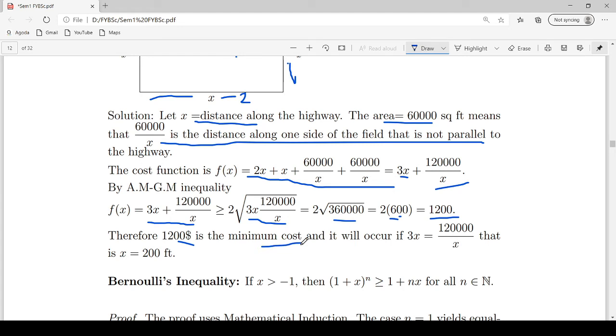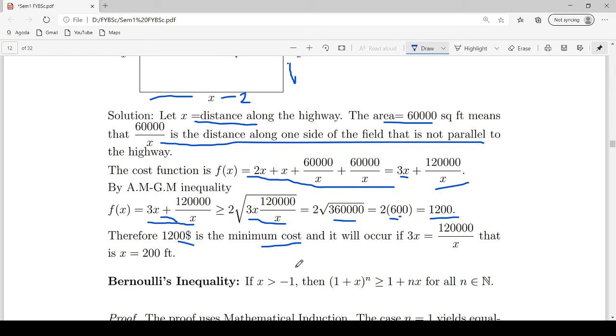Now when will it occur? It will occur if 3x is equal to 1,20,000 upon x, because we know that the arithmetic mean of 3x and 1,20,000 upon x will be equal to the geometric mean of 3x and 1,20,000 upon x if and only if 3x and 1,20,000 upon x are equal.